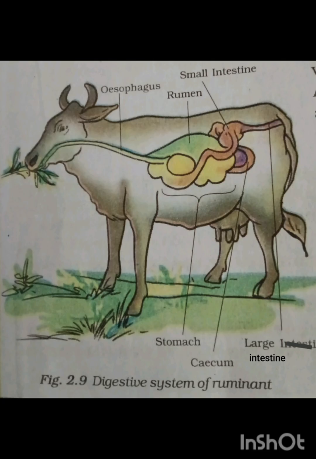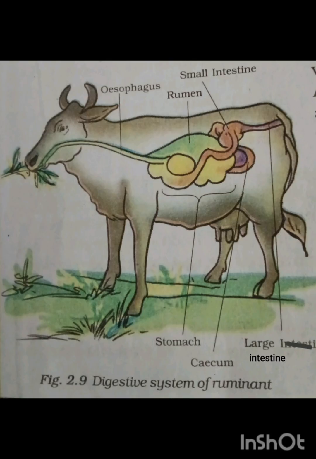The food is partially chewed and mixed with saliva before being swallowed and passed down the esophagus. It is stored in a part of their four-chambered stomach called rumen. Understand what is rumen? You know, children, the rumen is the first and largest compartment of the four-chambered stomach in ruminant animals, like cow, sheep, and goat.